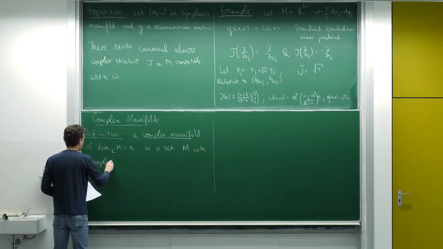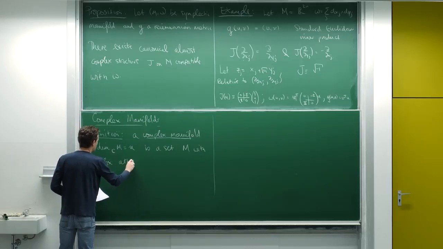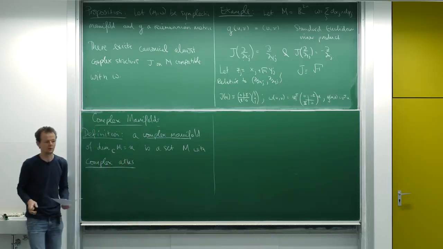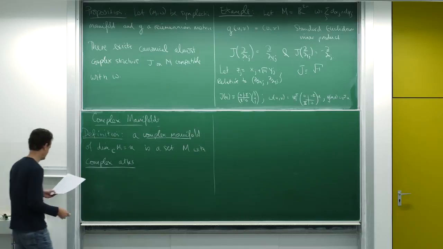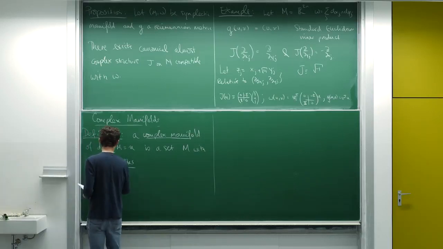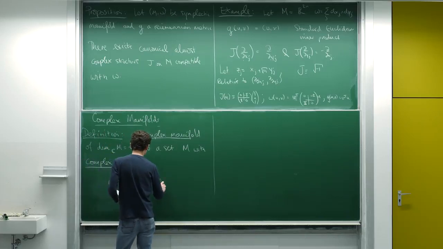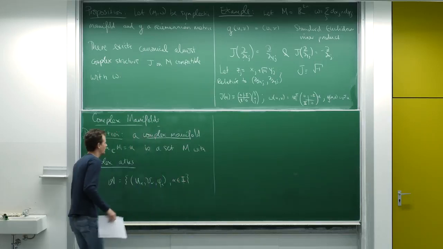And so instead of having an atlas of charts that look locally like Euclidean space, now we have an atlas of charts that look locally like complex space. So we have this complex atlas.